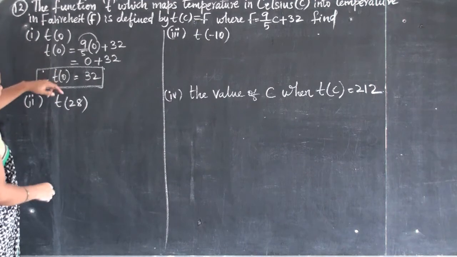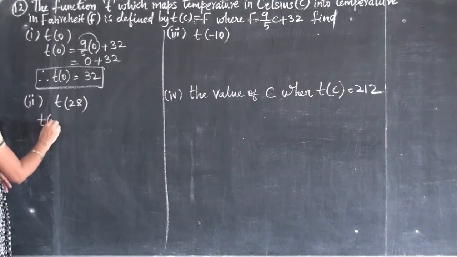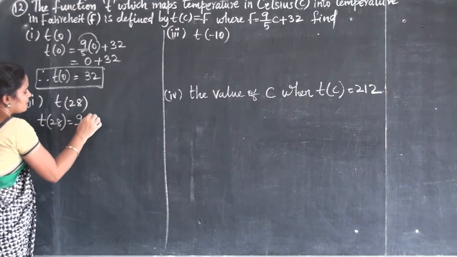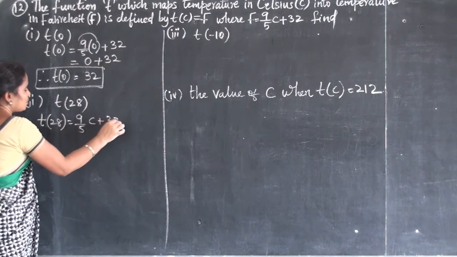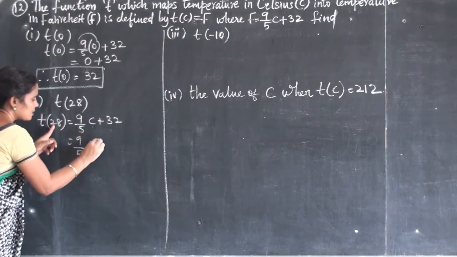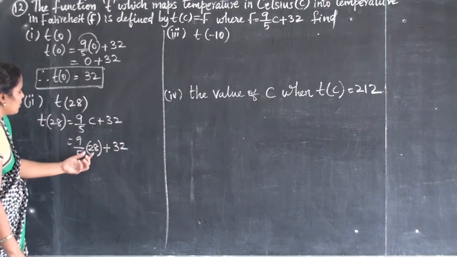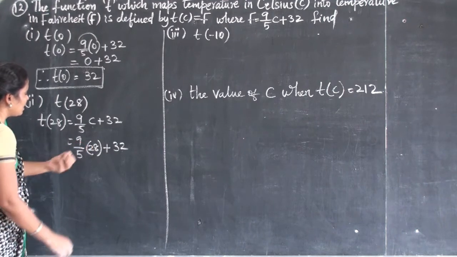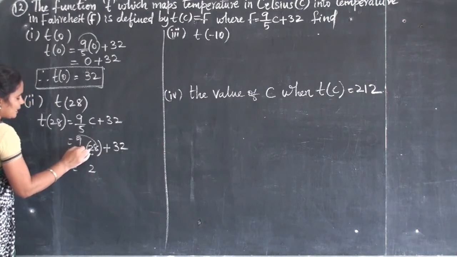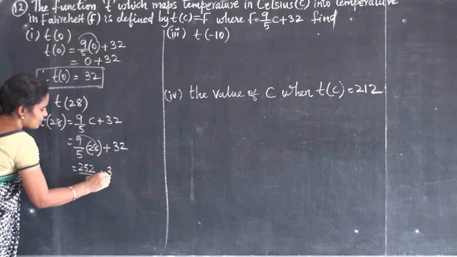Then question number 2, T of 28 is equal to F is equal to 9 by 5 C plus 32. So 9 by 5, for C we get 28, plus 32. We can't divide 28 by 5, so just multiply. 9 8s are 72, remaining 7. 9 2s are 18, 18 plus 7, 25. 252 divided by 5 plus 32.